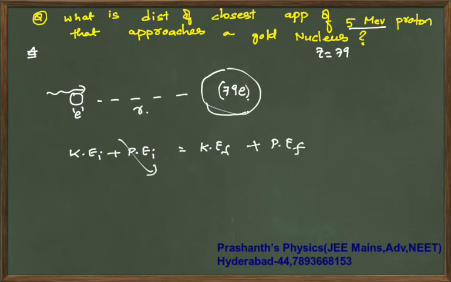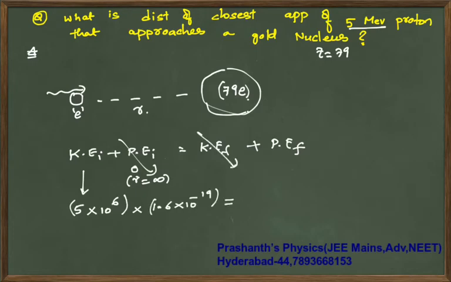From infinity, the initial potential energy is 0, since R is infinity and any number by infinity is 0. For KE initial, you don't need to substitute the mass of the proton because the energy is directly given as 5 into 10 power 6 times 1.6 into 10 power minus 19. At the closest distance of approach, final velocity is going to become 0. This is R min.